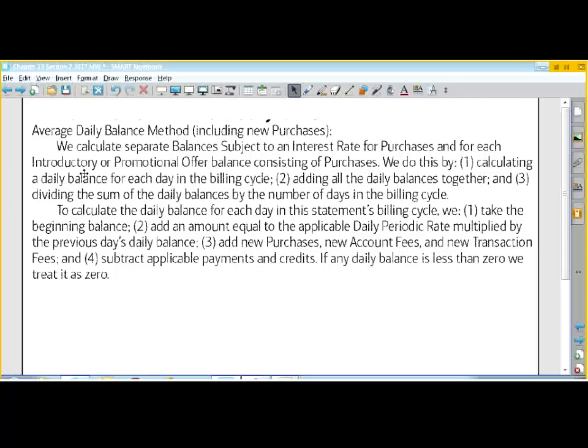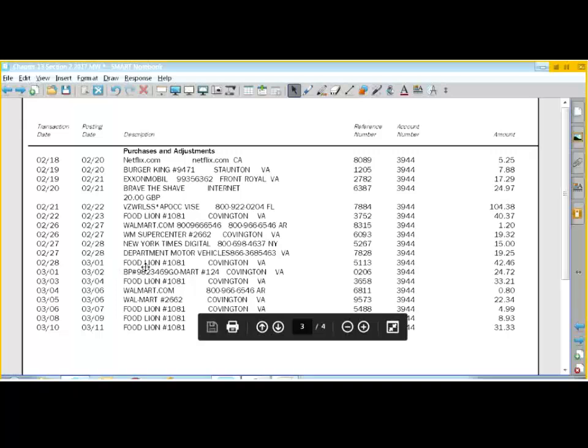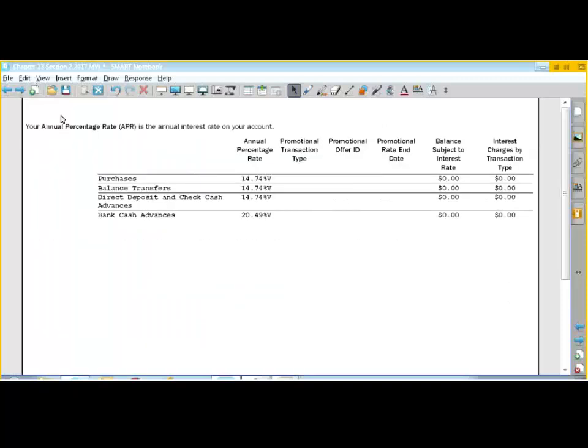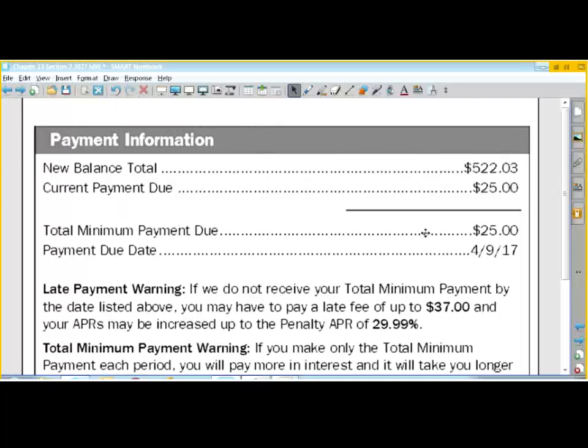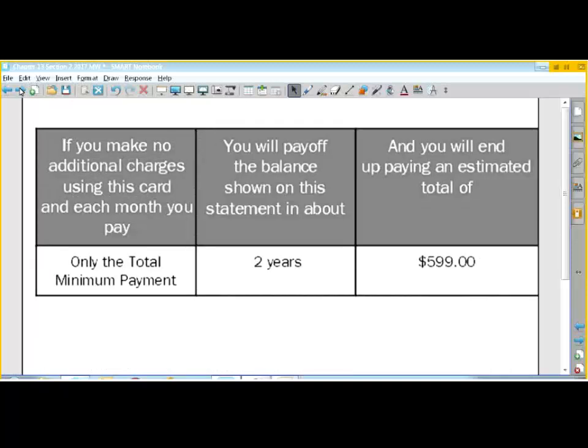So that's the gist of the credit card bill. They tell you how they calculate the average balance and the interest. You get a list of your charges, which you need to check, to make sure nothing strange is going on. They tell you how much your interest rates are. They talk about your minimum payment that you have to make, or they're going to penalize you.